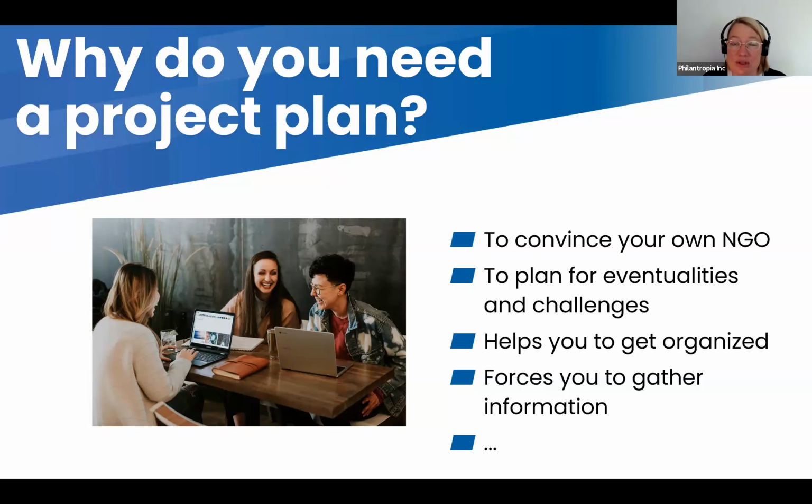And that's a situation that you always want to avoid, because you never want to have to go back to a donor and say, oops, we promised you to do this and this and this, but actually now we realize that's not even possible. So you don't want to run into that situation. To avoid that, you have to gather all that information in this stage and really write a good project plan that is comprehensive and that covers all your bases.